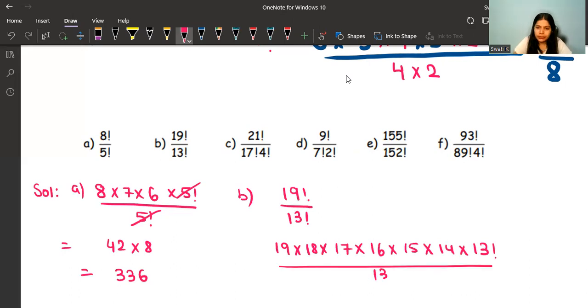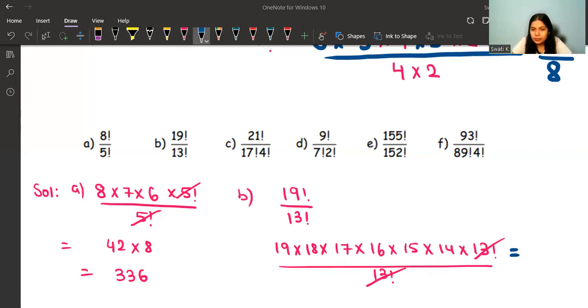This and this will get cancelled. Now, what we are getting here is 19 into 18 into 17 into 16 into 15 into 14. If you multiply, I cannot multiply and show you the answer here, otherwise it will take a lot of time. I already have the answer for this.